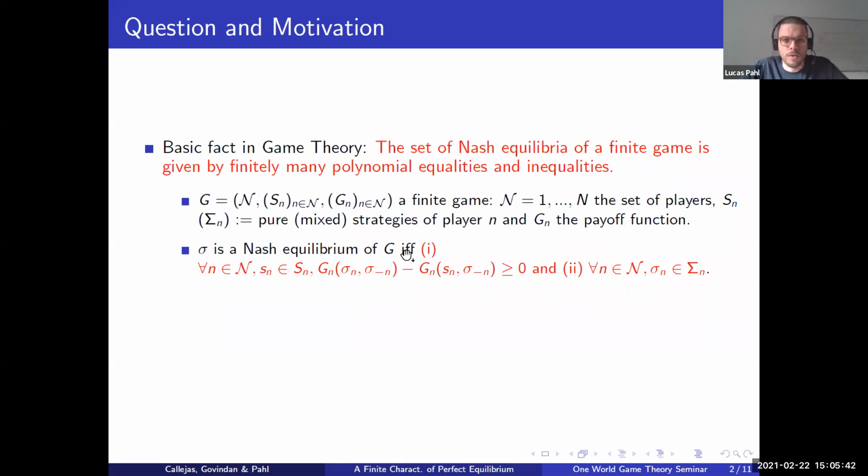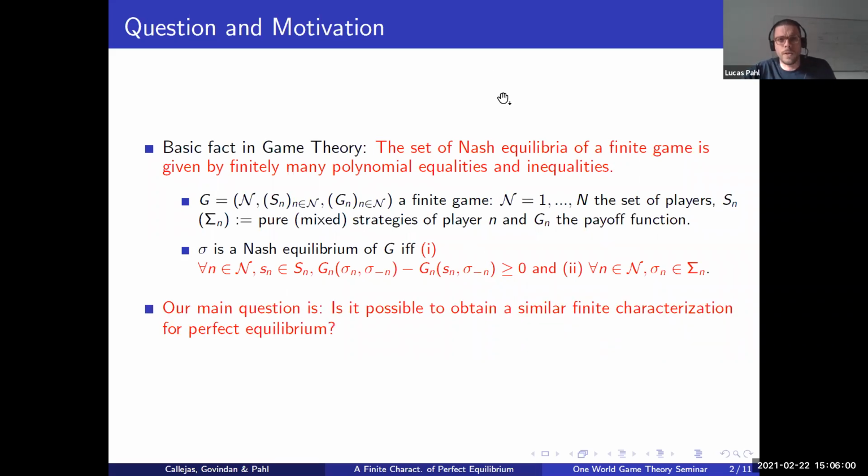The first set, in red, is the set of inequalities that pins down best replies, and the second set of equalities and inequalities defines the strategy set. With these two sets, we can identify the set of Nash equilibria in a game. So the main question in this paper is: is it possible to obtain a similar finite characterization for perfect equilibrium?